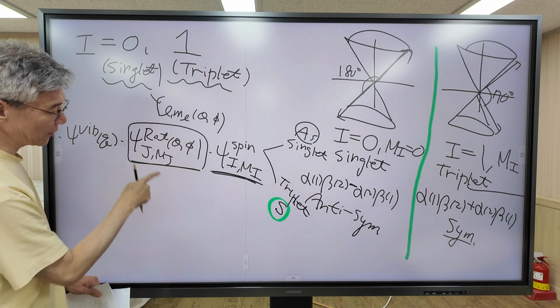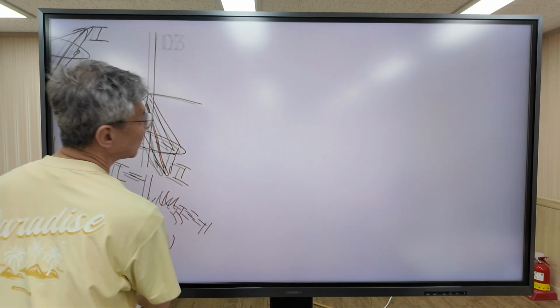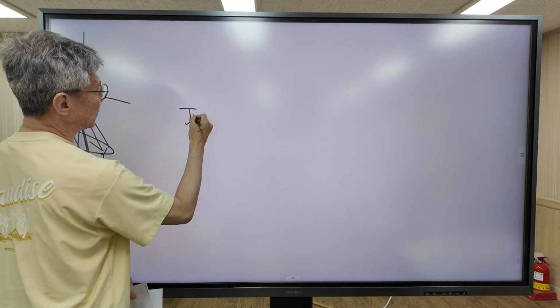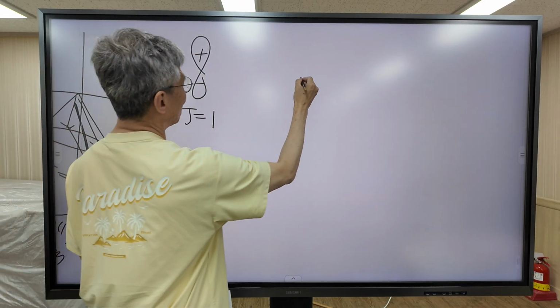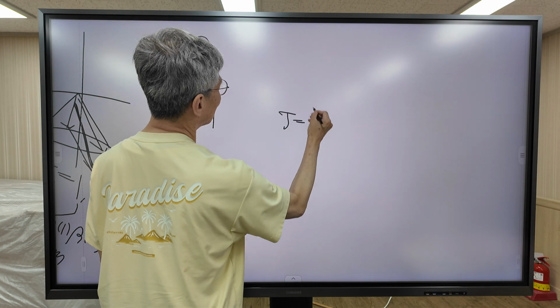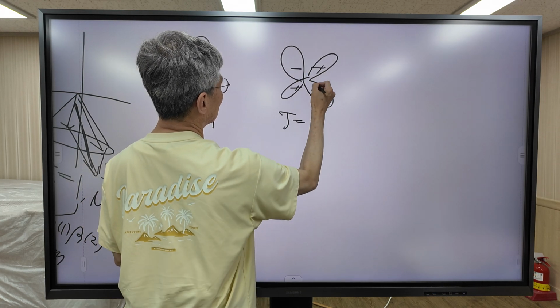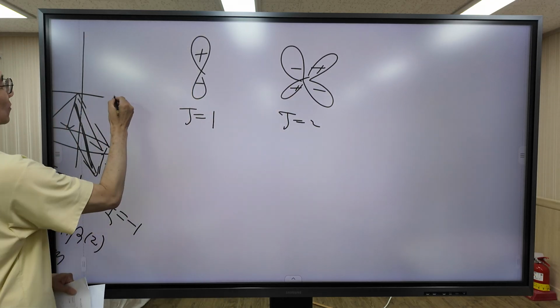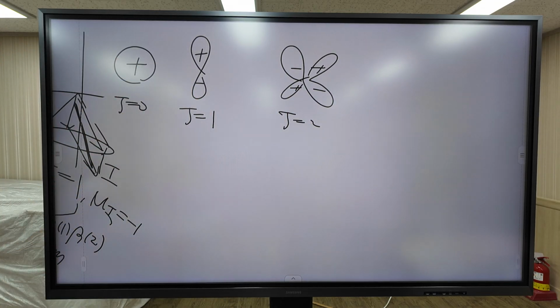So when I draw this wave function, for j equal 1, it looks like a p orbital. When j equal 2, it looks like a d orbital. And when I draw the j equal 0 orbital, it exactly looks like an s orbital.